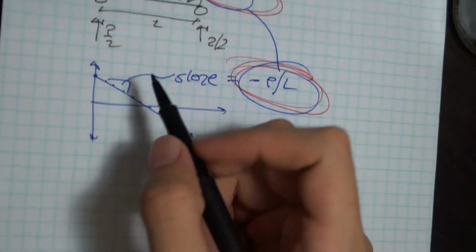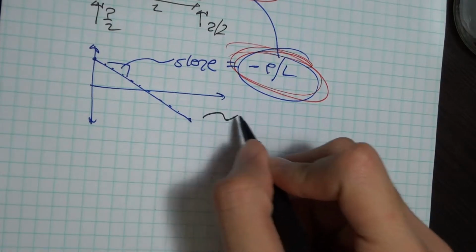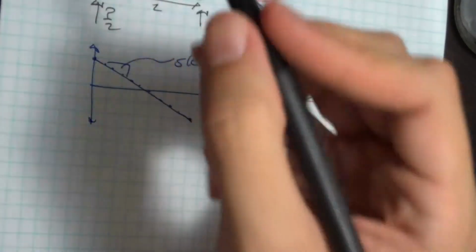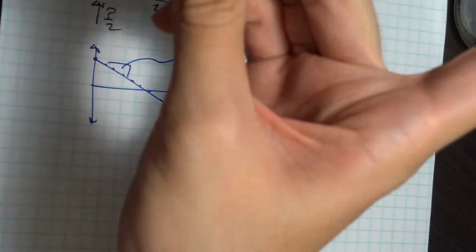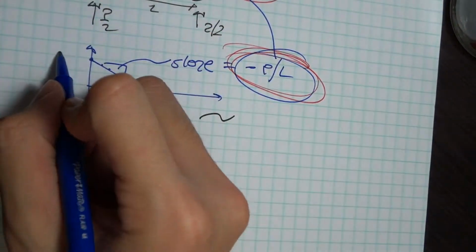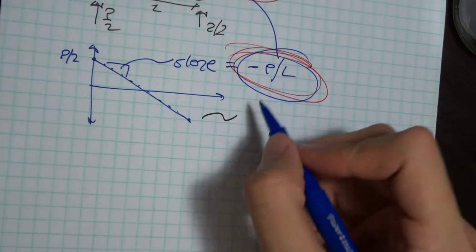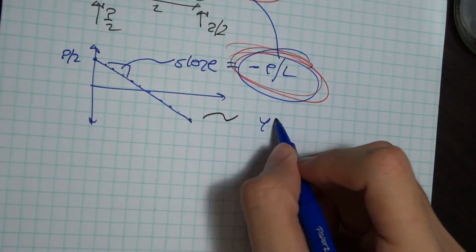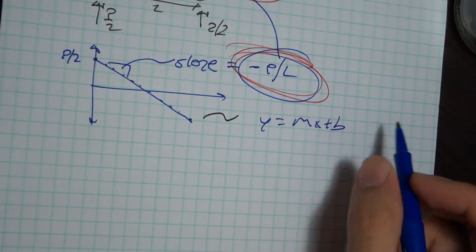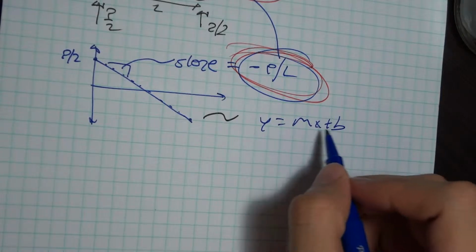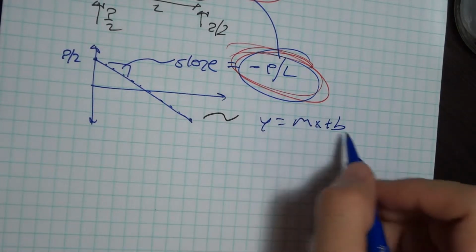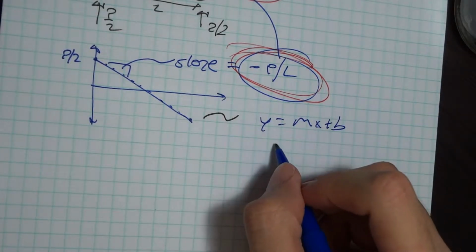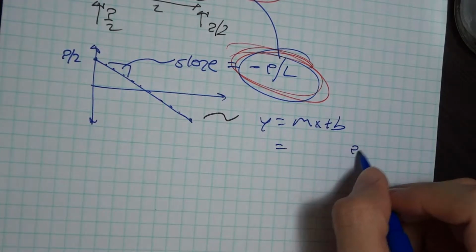In other words, my equation for this line, if I just use y-intercept form, I forget what the technical name for this is, but if I look at y equals mx plus b, what is the y-intercept? The y-intercept is b equals P over 2.